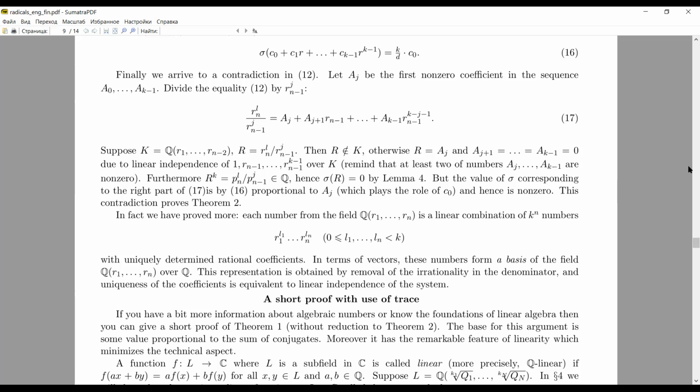Nice. But the sum of conjugates for the right hand side is proportional to a_j, as we showed. So this is a contradiction. And we finish the proof of our main result.